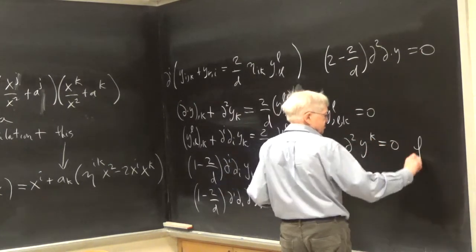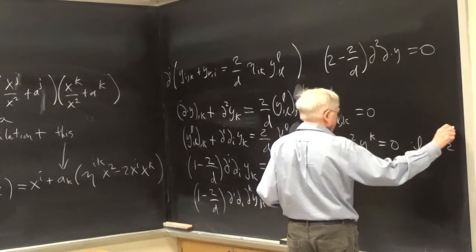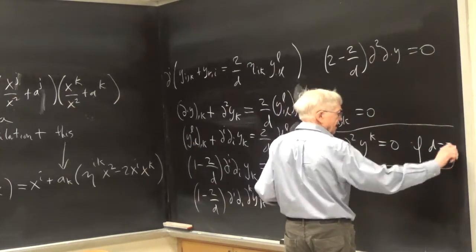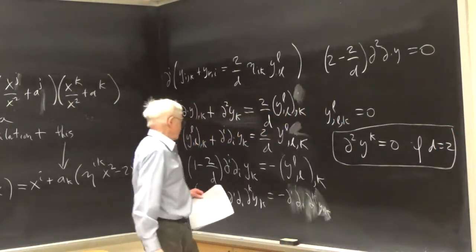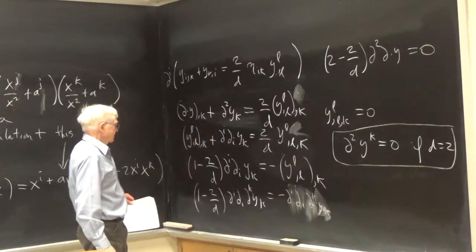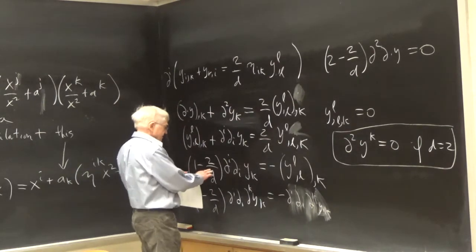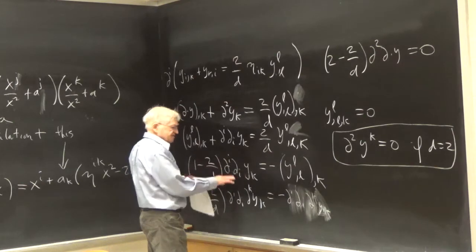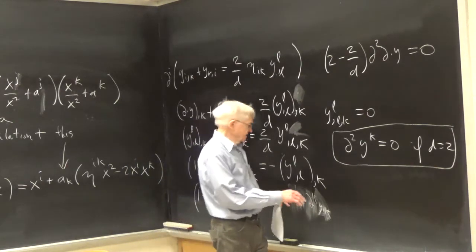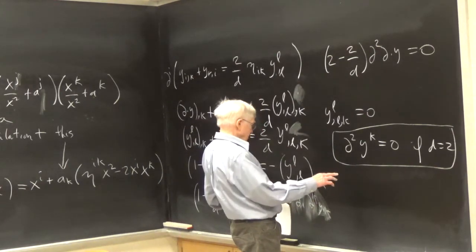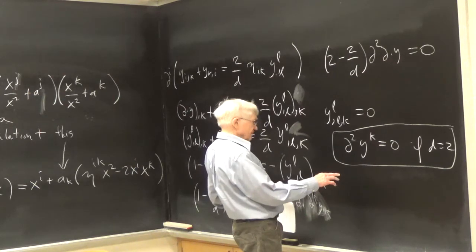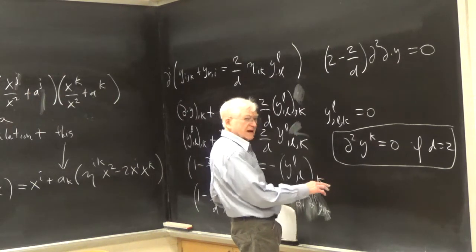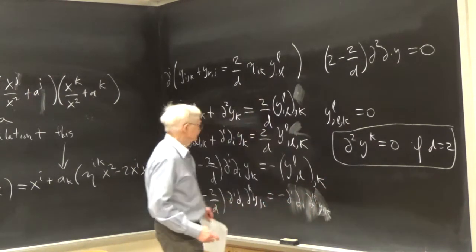If d equals 2, then this term is 0, and I think we can see that from the third equation. I think you can see this relation from the third equation there.